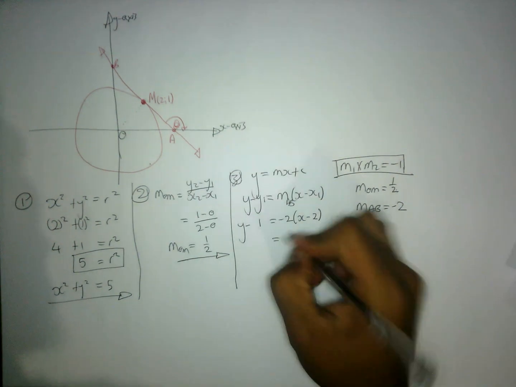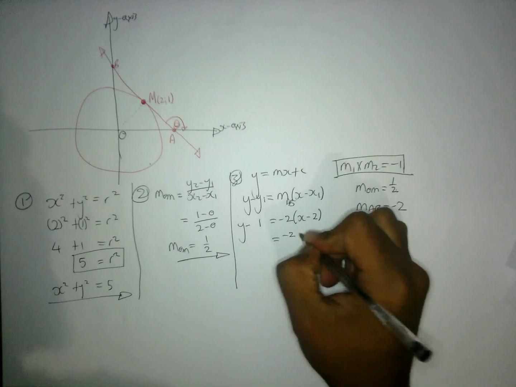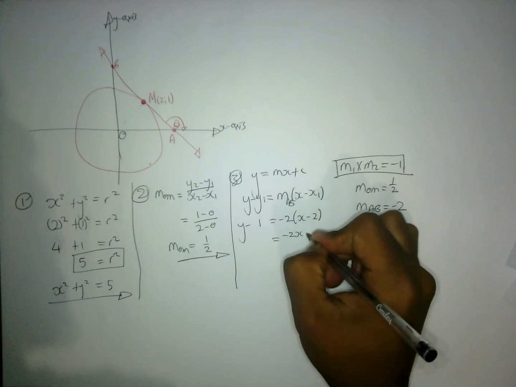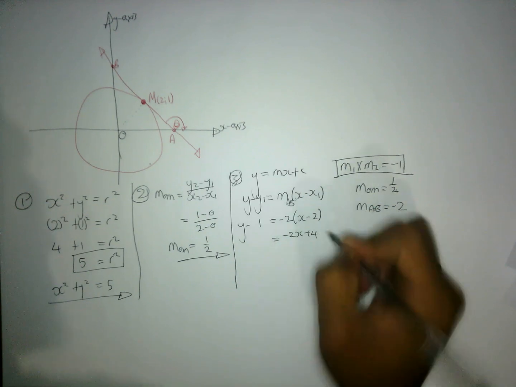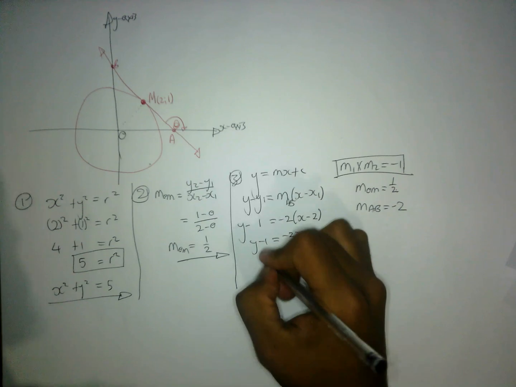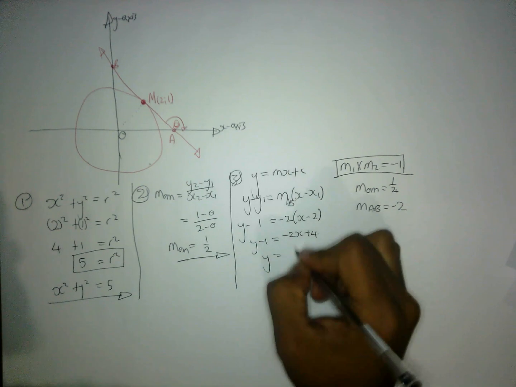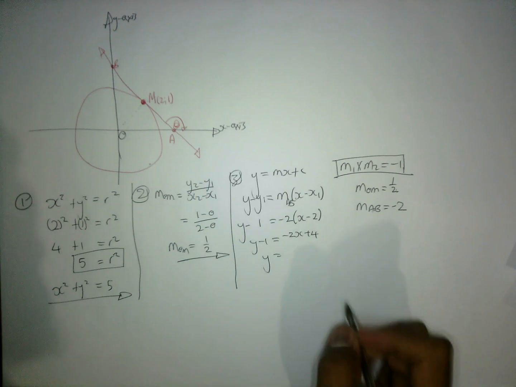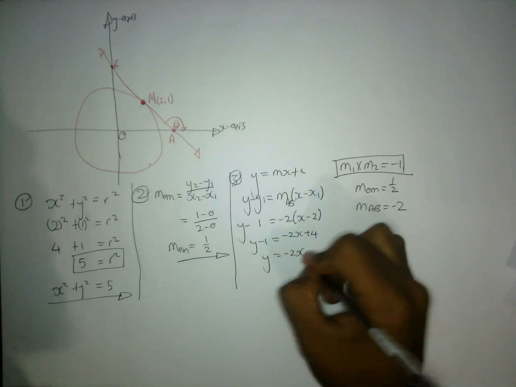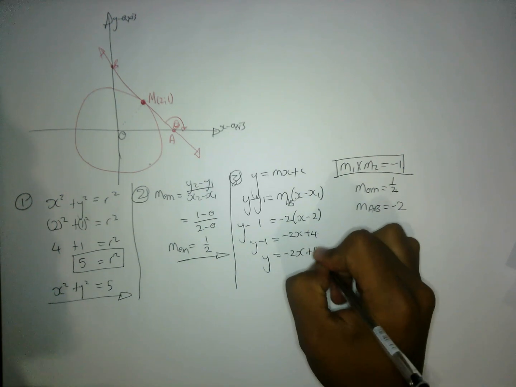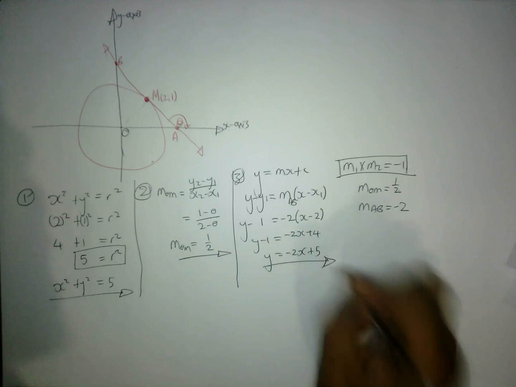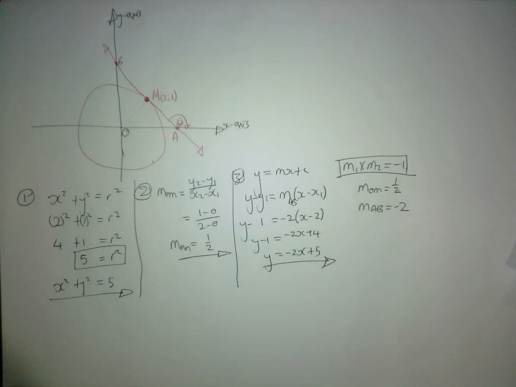Again, we multiply in, that's -2x, -2x is +4, y minus 1. Take this negative 1 over, it becomes a positive, so it's y = -2x + 5. Finished. That's all.